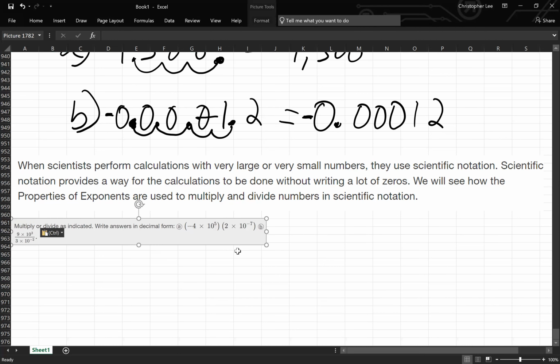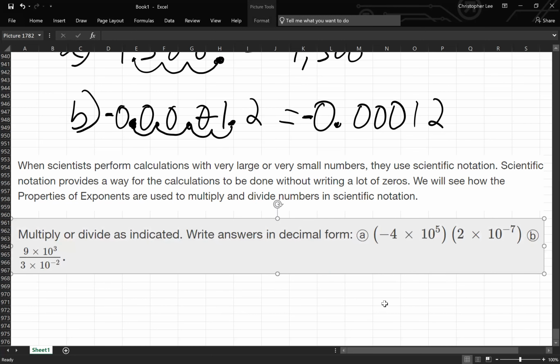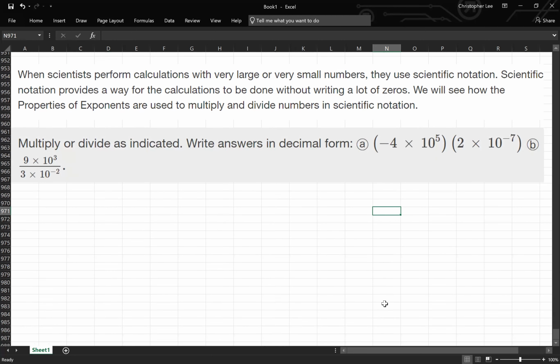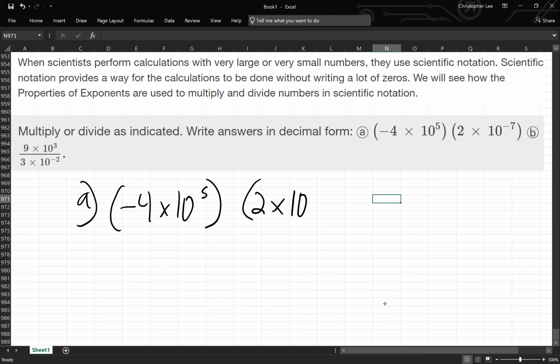Let's take a look. So this says multiply or divide as indicated. So let's look at A, right? I have -4 times 10 to the fifth power times 2 times 10 to the -7th power.